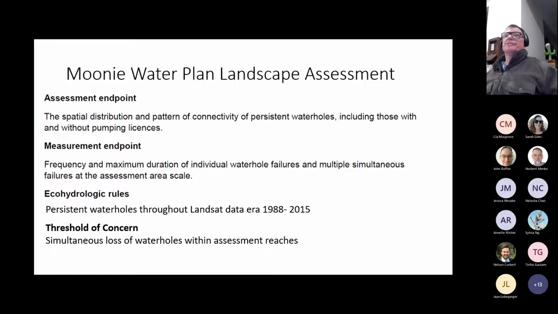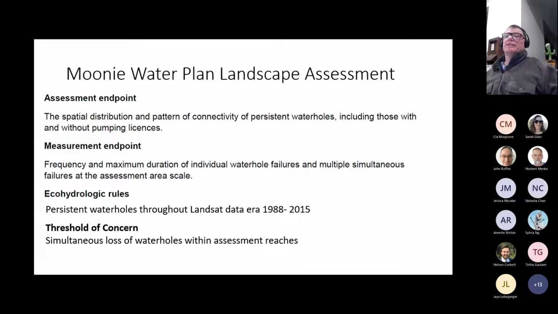So we're assessing the spatial distribution of waterholes. We were measuring the frequency and maximum duration of individual waterhole failures at those ones that we modelled individually, but at the landscape scale, we're looking at multiple simultaneous failures at the assessment area scale.